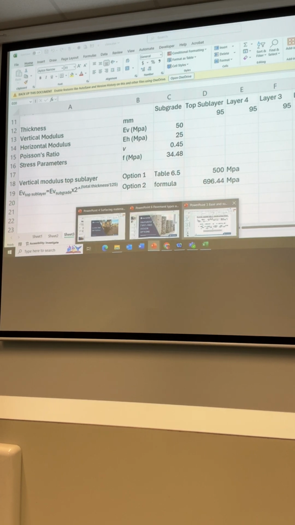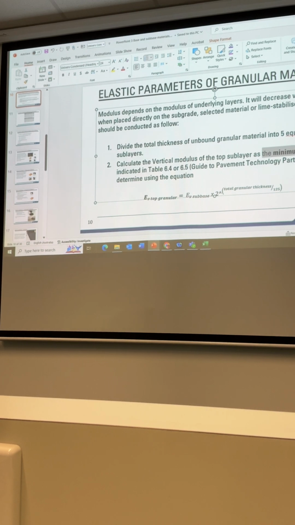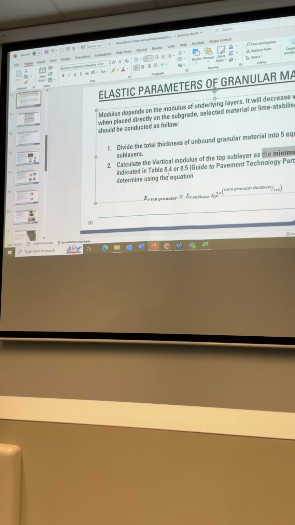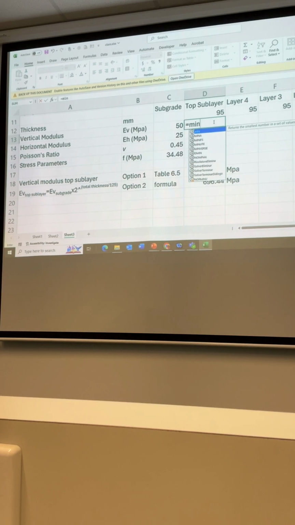And then I refer to the table and they tell me, you are going to use the minimum of the values between the value of the table and the equation, and that will be your vertical module. So I'm going back here, and which one is the smallest? 500. So my vertical module is going to be the minimum of those two values, which is 500.